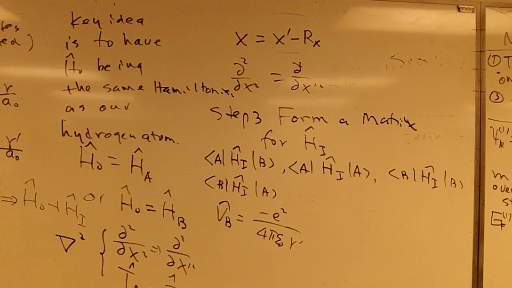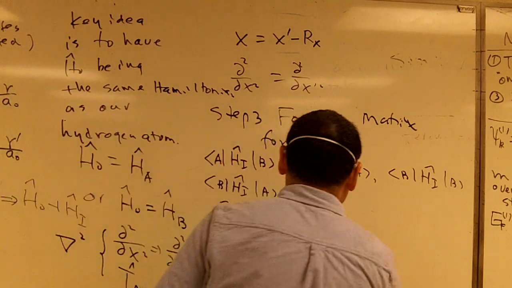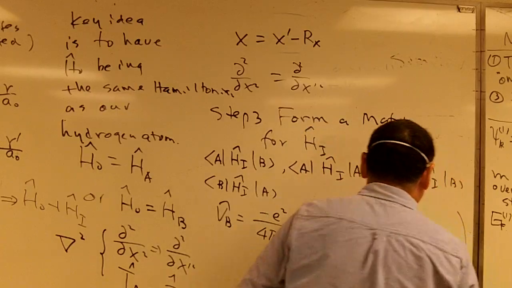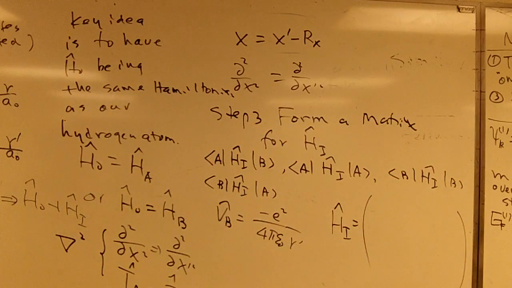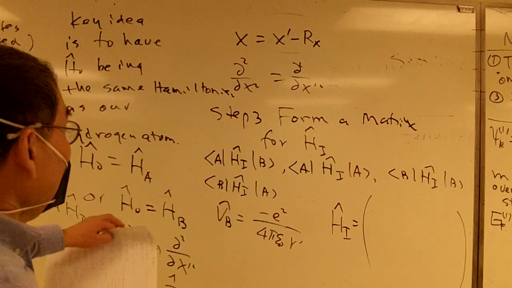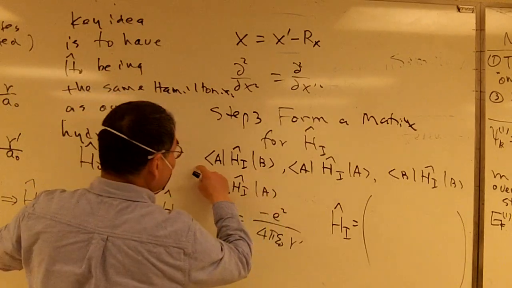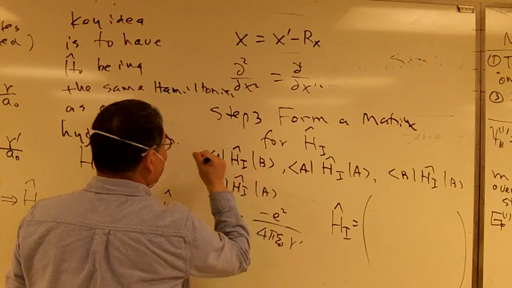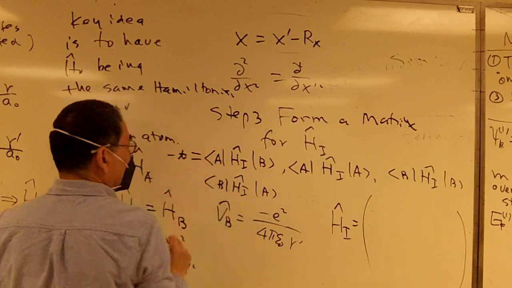In our case, when we do the calculation, this is the Hamiltonian matrix that comes out. So we have a 2 by 2 matrix. And we will assume A, H hat, B equals negative t.